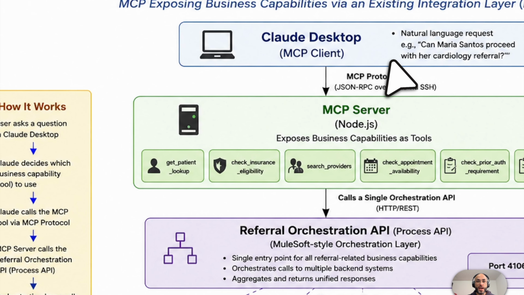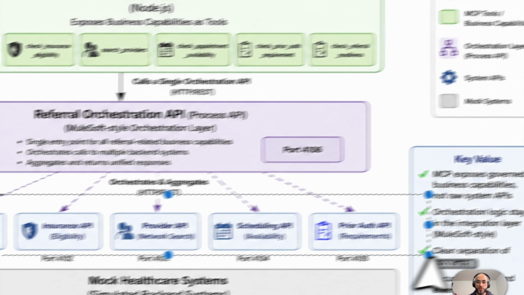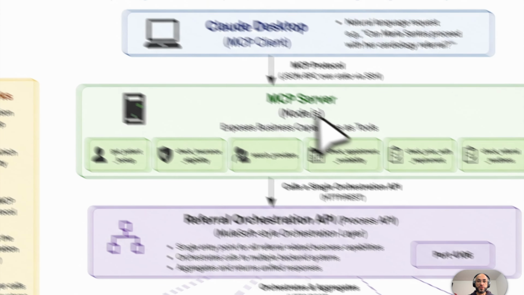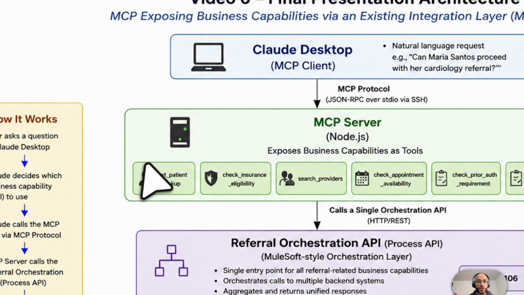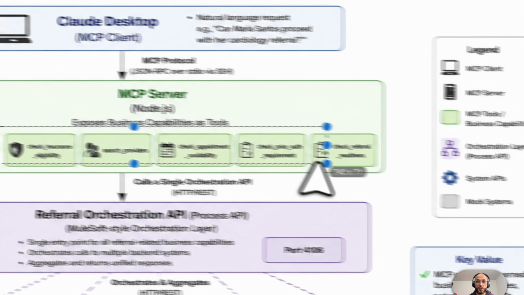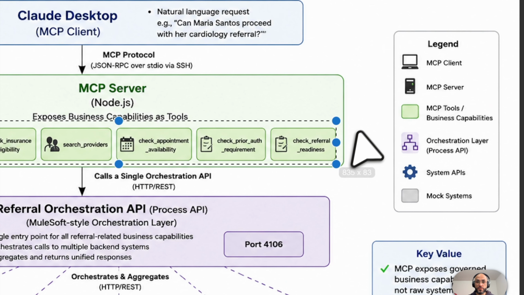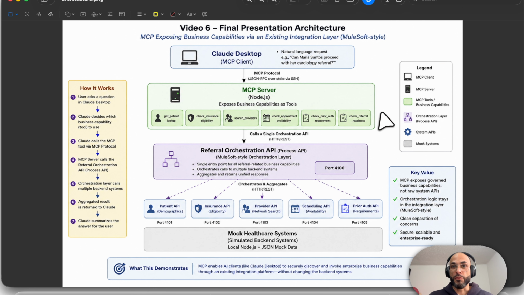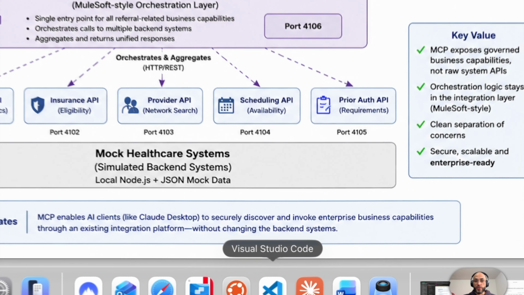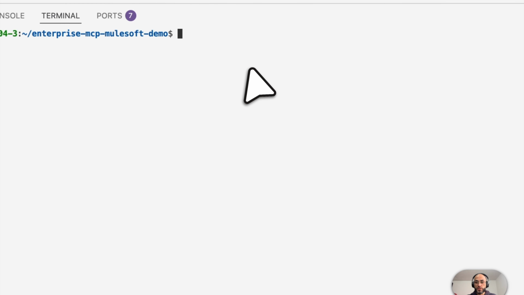Rather than having the AI make individual calls to the endpoints right here, it's just going to do basically one call. It may do more than one depending on whether you're asking a complicated question, but the idea is to simplify it right here. All right, so let's go into the code and run this to see how it looks.